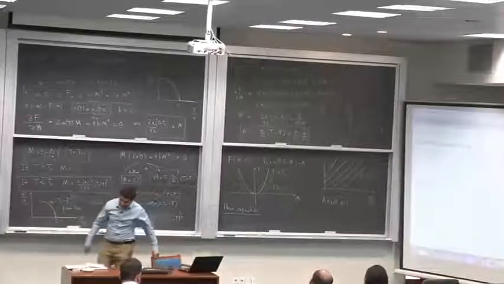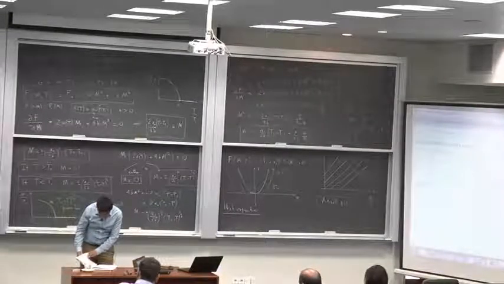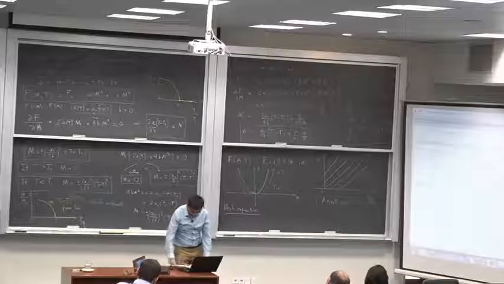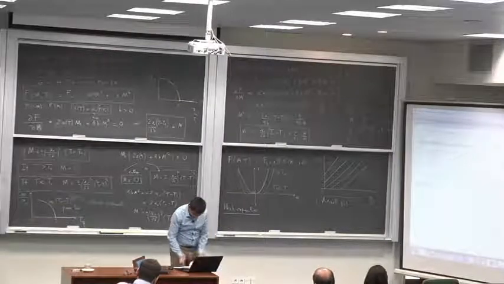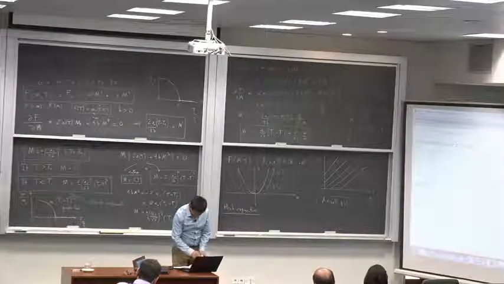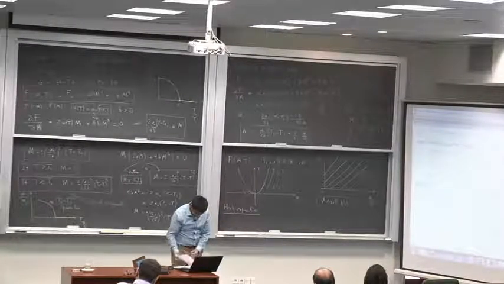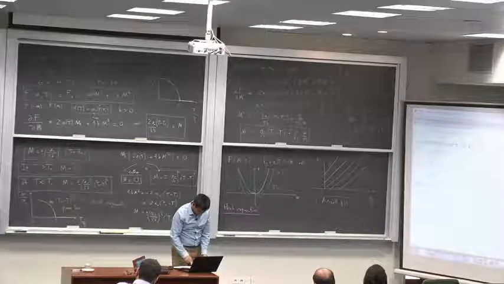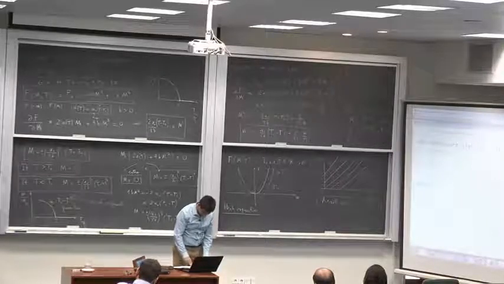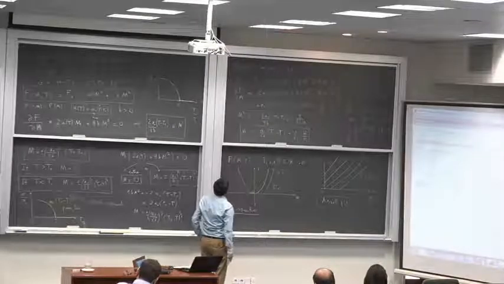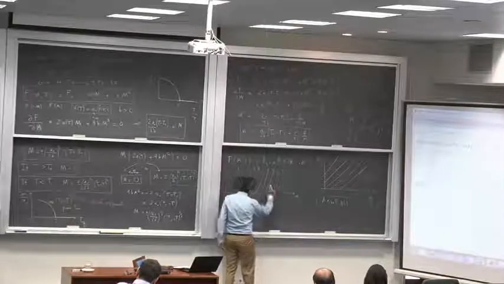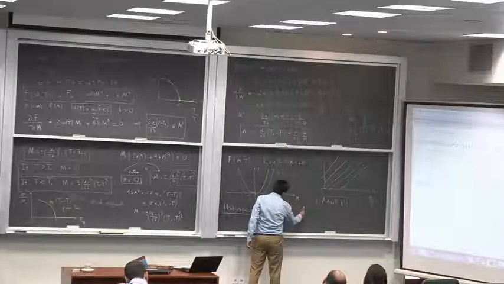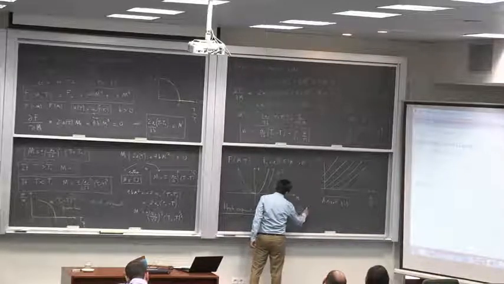Now in order to determine the heat capacity, the heat capacity from statistical mechanics we know is given by the temperature times the partial derivative of the entropy with respect to the temperature at constant volume.